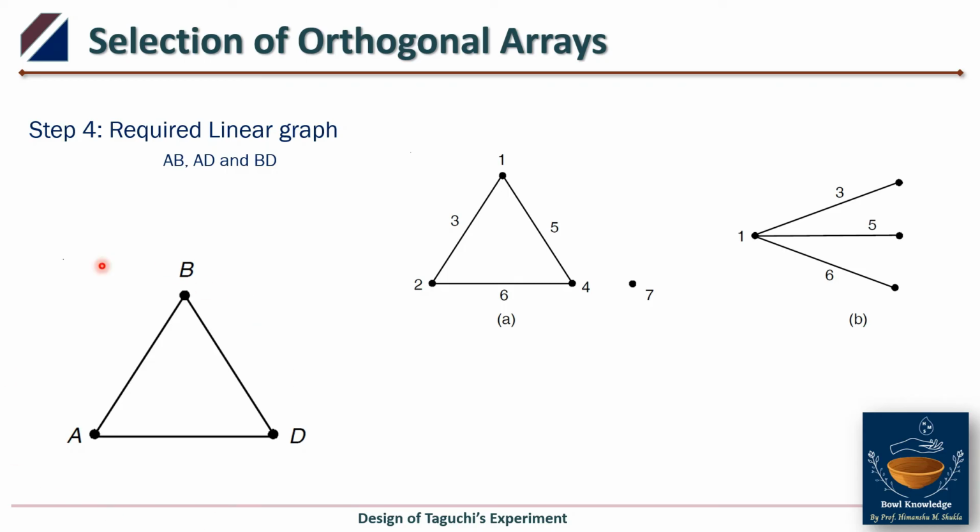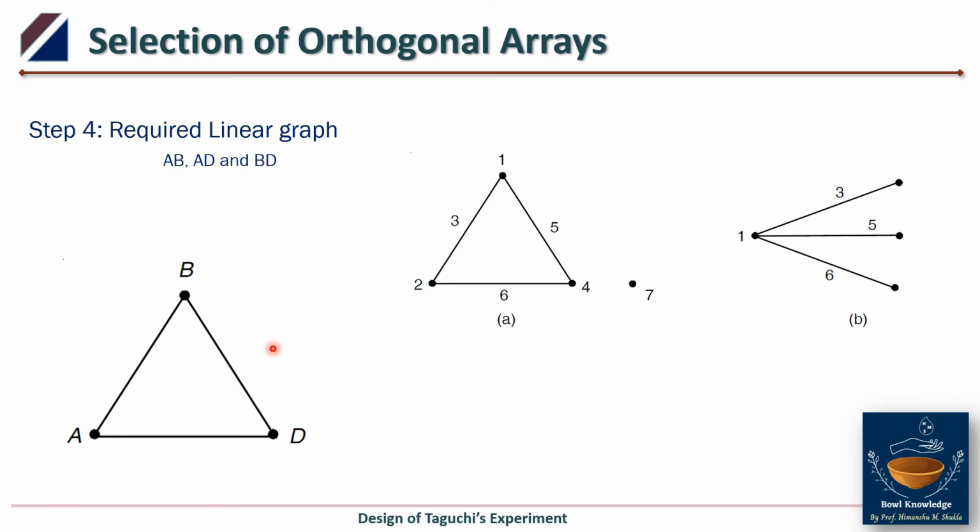Now this is not possible here, because if I keep the factor A in place of 1, and I keep B, C, and D here, then I will get AD, AB, but I will not get BD. So option B is not possible when I need these three interactions. This will get clearer in the next slide when I match this requirement with the available option.